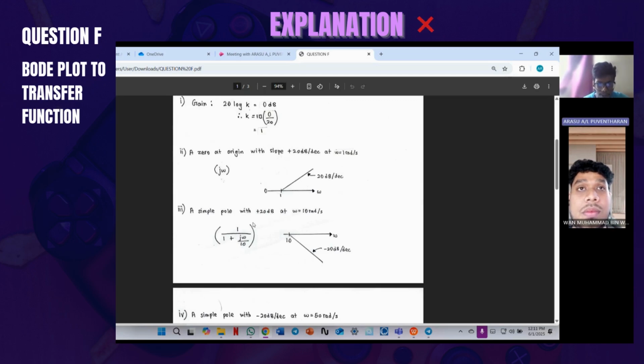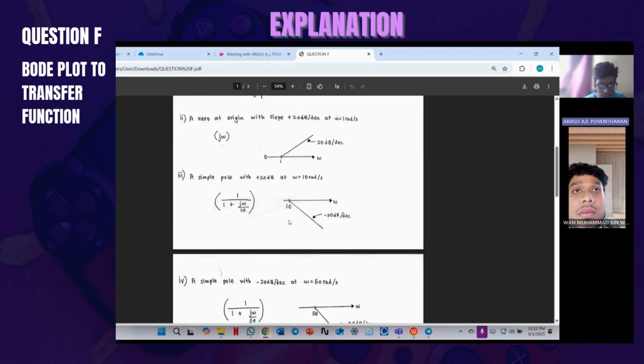Third is a simple pole at omega 10 radians per second. So at omega 10 radians per second, the slope drops to 0 dB per decade.